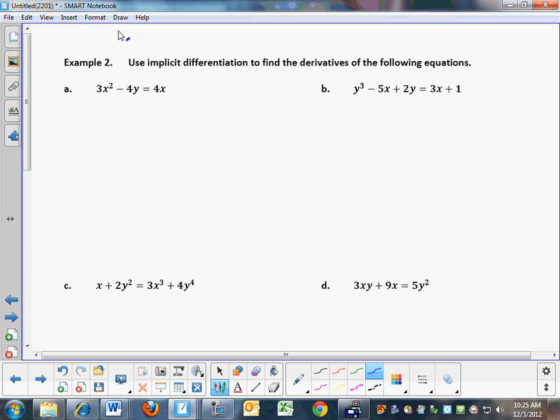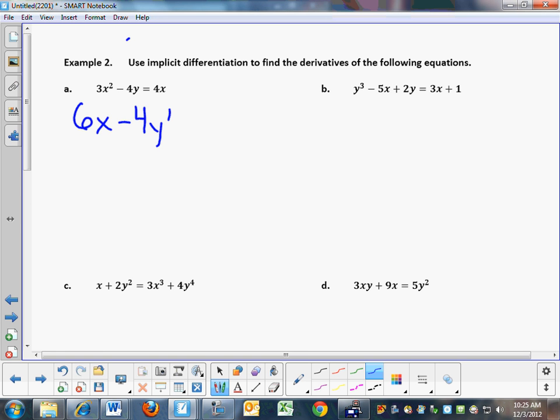It says use implicit differentiation to find the derivatives of the following equations. What is the derivative of 3x squared? 6x. What's the derivative of negative 4y? Negative 4, and you attach a y prime to it.